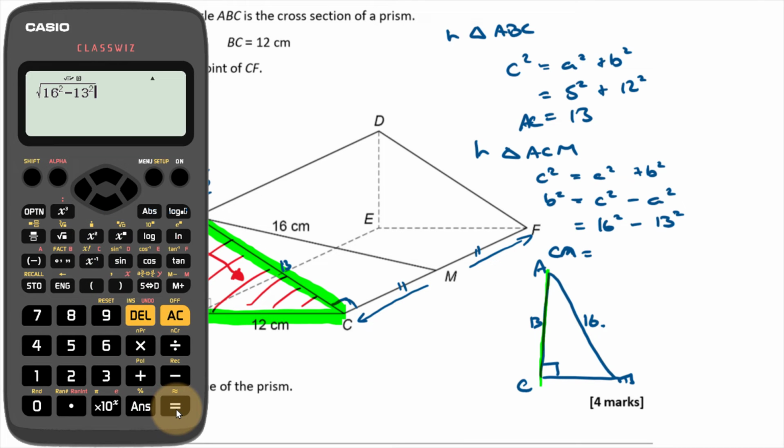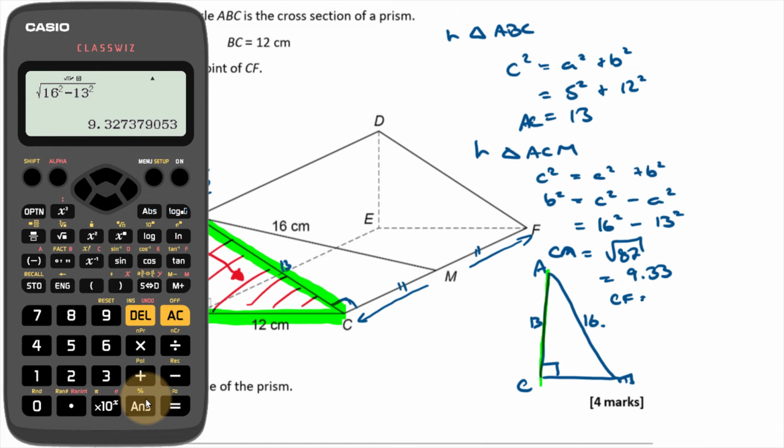That comes out to a not so nice number. That is the square root of 87, which is equal to 9.33.